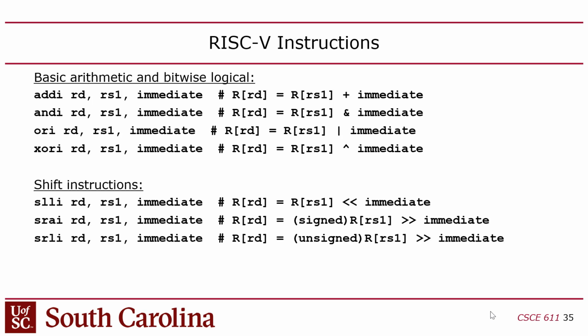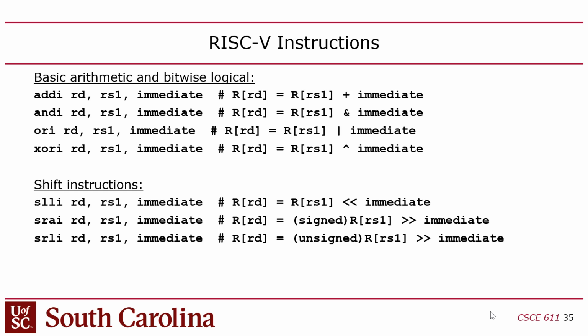Okay, and then we've got the same kind of instructions here again for arithmetic and shift, except the difference here is there is an immediate for the second operand. So this is for doing operations on constants. Just be aware that you might remember from MIPS that the shift instructions by default took an immediate, constant shift amount.